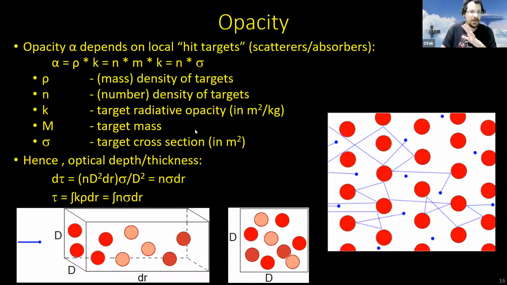This is just target area, simply in units of area, meter squared. And it tells you basically if a photon approaches a particle, how big in some sense that particle appears to the photon, how much of the photon's possible trajectories will be blocked by that particle, in a kind of hard sphere analogy.